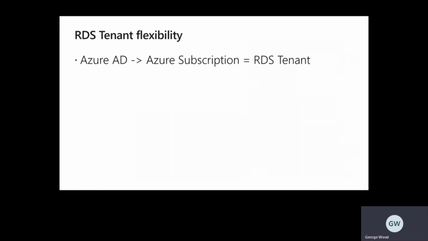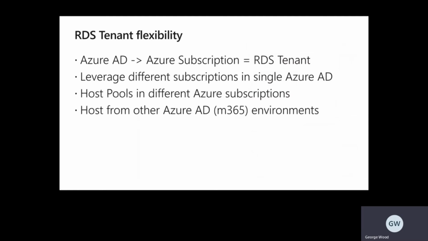So talking about the RDS tenant flexibility a little bit, this basically just means that there are lots of different configurations possible with configuring RDS and WVD. So pretty much as long as you've got an Azure Active Directory tenant and an Azure subscription, you can effectively create that RDS tenant.